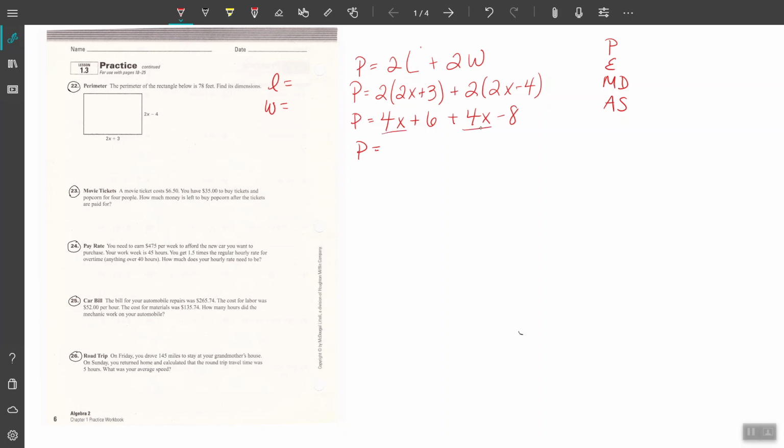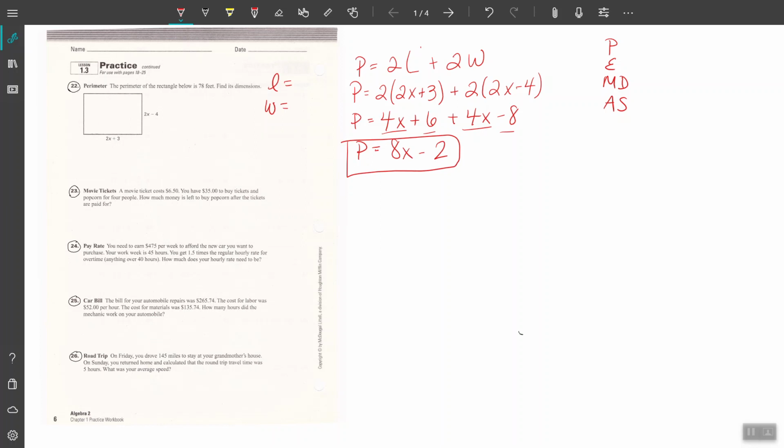We have 2 terms that have an x in them, so we'll get 8x for that. And then we've got 2 constants, 8x minus 2. So there's our expression that we can use to finish off the rest of this.